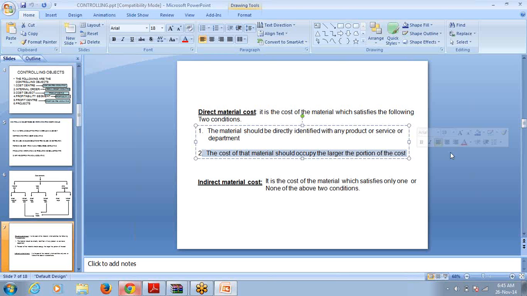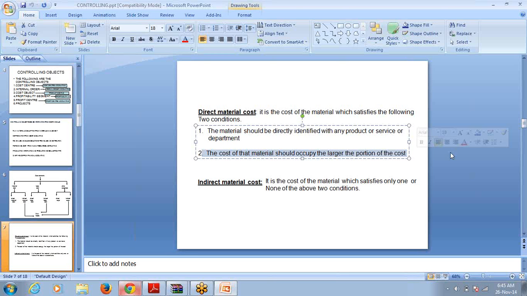Cost of the leather is direct material cost. Cost of the sole is direct material cost. Cost of the lace is indirect material cost. Clear? That's how we have to decide whether a material cost is direct material cost or indirect material cost.